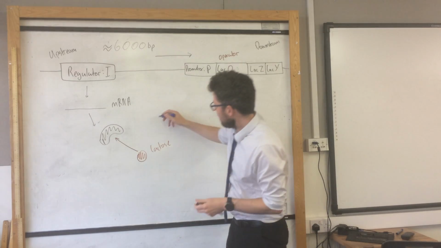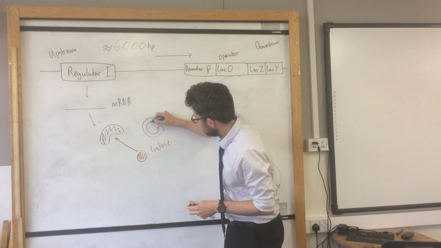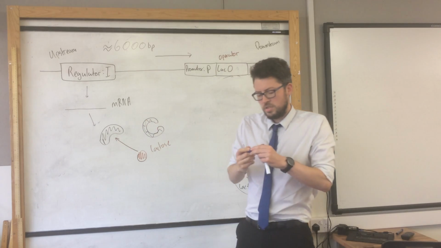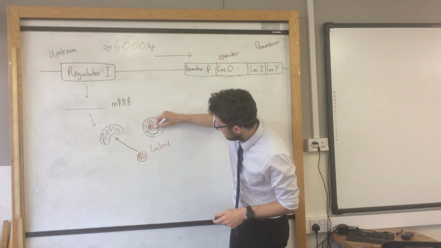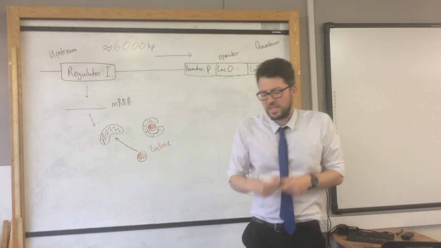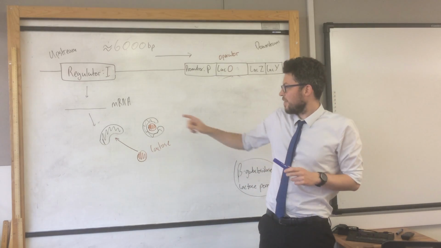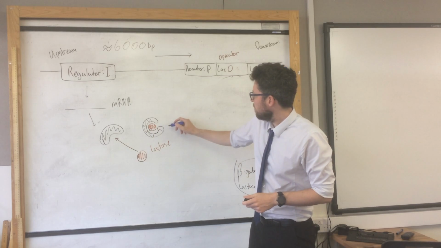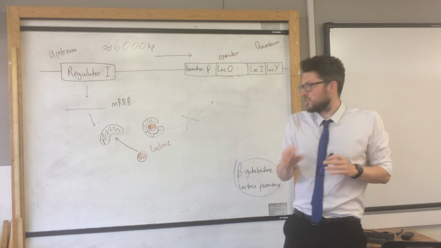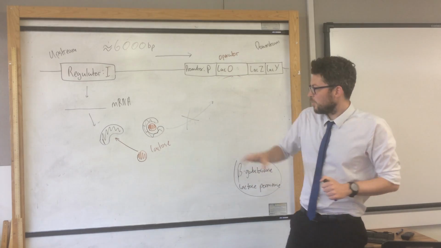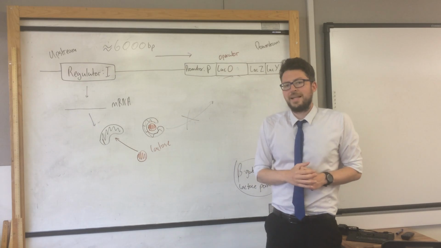I'll draw that on here. So lactose is bound to the regulator, meaning its shape has changed. What that means, and this is very important, is that it can no longer bind to the operator. Because of its shape change, it can't bind to the operator. We call this the inducer regulator complex.